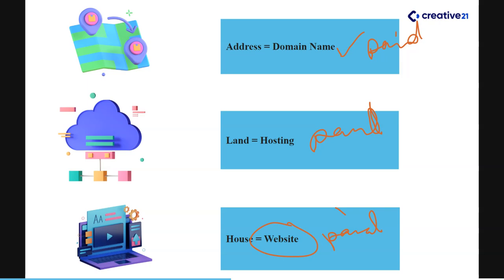So let me explain in detail. When it comes to a domain name, there are what are known as domain sellers. They sell these addresses. You just go on the internet and type in your domain to see if that address is available, which I'm going to show you in the upcoming lessons. It's just like going to the land registry and trying to find out if someone has already claimed that piece of land or address.